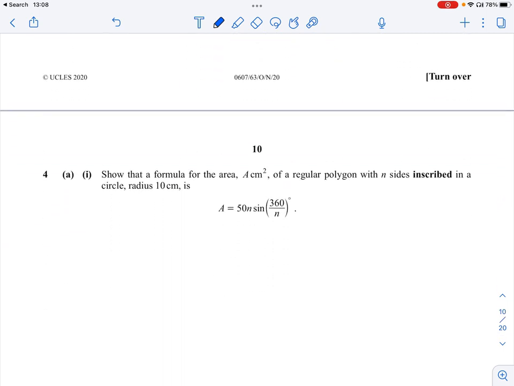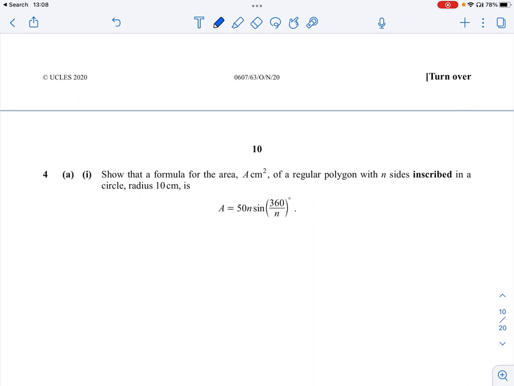Show that the formula for the area A centimeter square of a regular polygon with n sides inscribed in a circle of radius 10 centimeters is going to be, this is going to be the area. He's asking us to prove the area of a regular polygon.